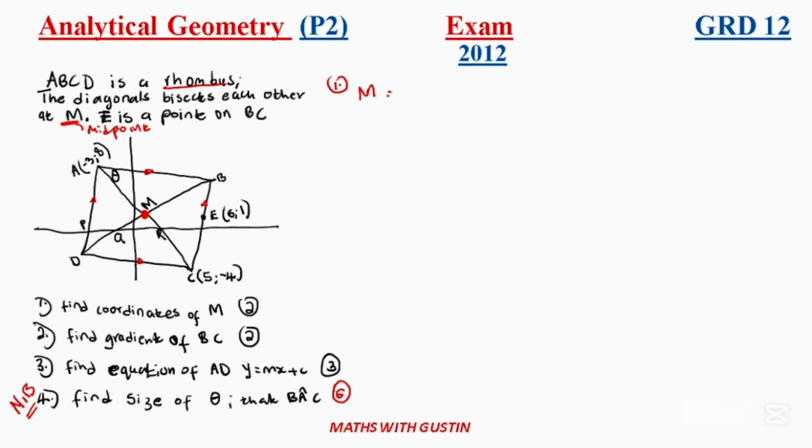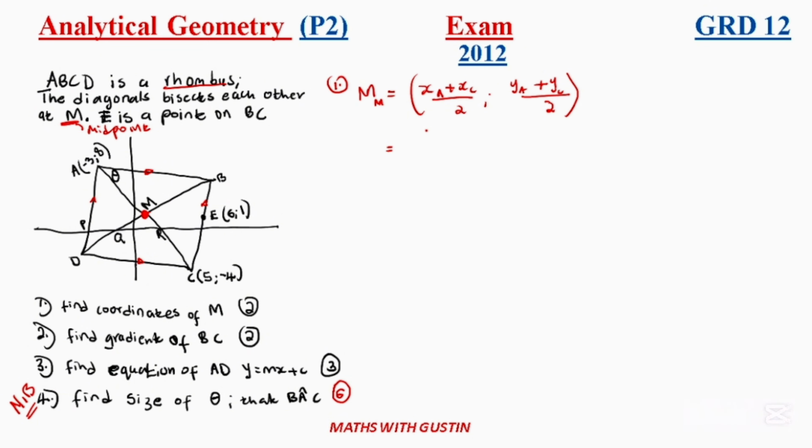M, which is going to be our midpoint, is going to be, the way my learners prefer to do it, the x at point A plus the x at point C all over 2, and then the y at point A plus the y at point C all over 2. However, even if you use x1 plus x2, it really doesn't matter, guys, as long as you do what you are comfortable with. So this would be at point M.